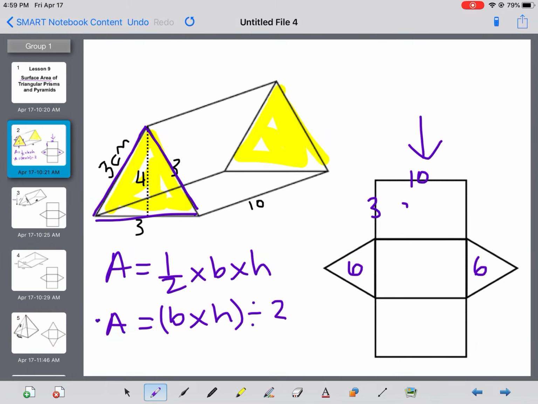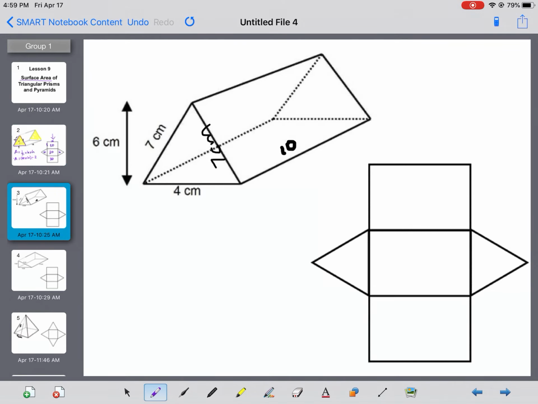So all you have to do is think to yourself, the formula for the area of a rectangle is base times height. You do 3 times 10. We know that each one of these is going to be 30 centimeters squared. And then all you have to do to find the final surface area is to add all of those faces up.